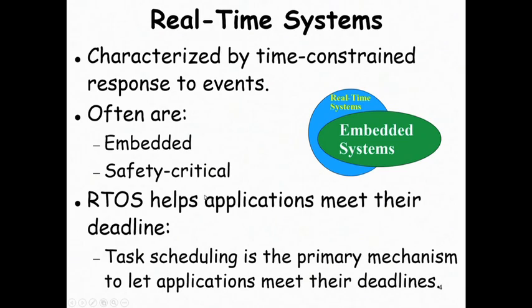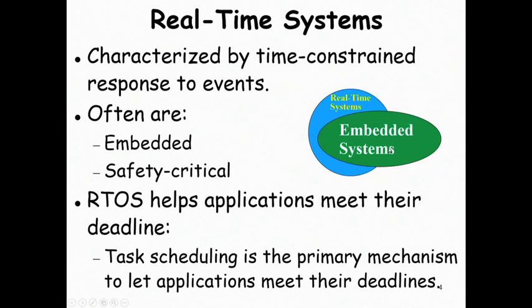If you can see in the diagram, embedded systems are a place where the number of real time operating systems deployed is possibly the largest. There are of course standalone systems which are not embedded, where real time operating systems are used, but those are smaller. But then not all embedded systems are real time systems, as this diagram shows.